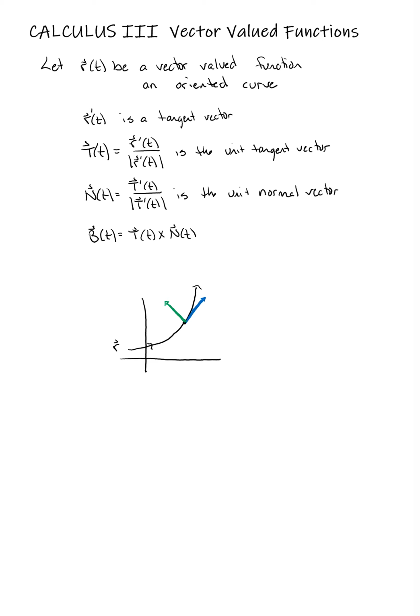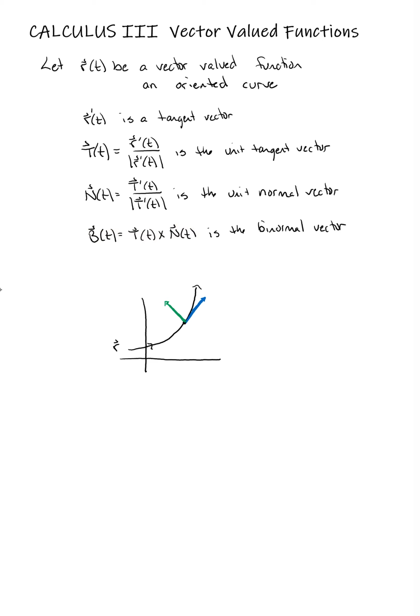And then if we take the cross product of those two, the unit tangent vector and the unit normal vector, we get b, and this is the binormal vector. Now this is also a unit vector, but we don't necessarily need to say that. So let's talk about what those look like.